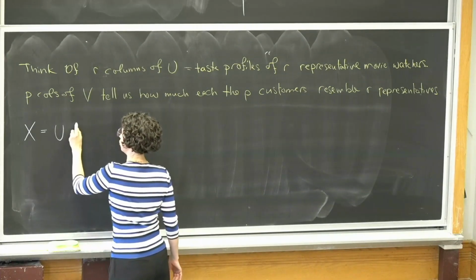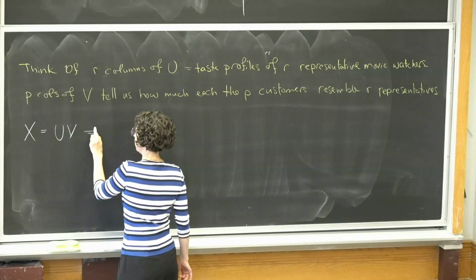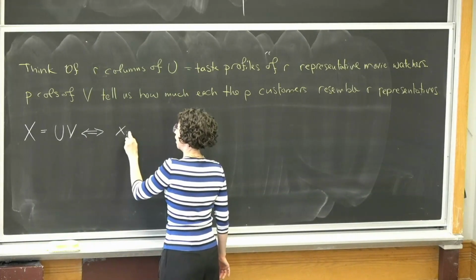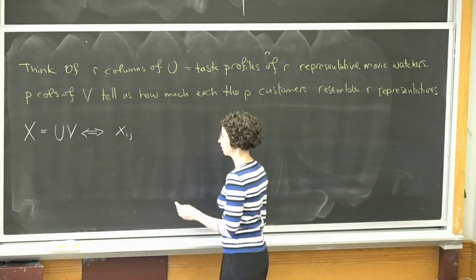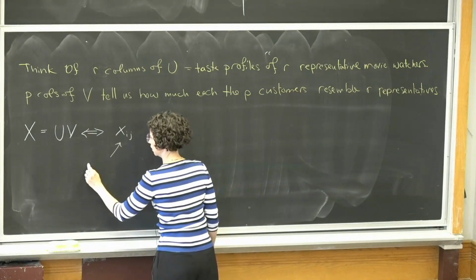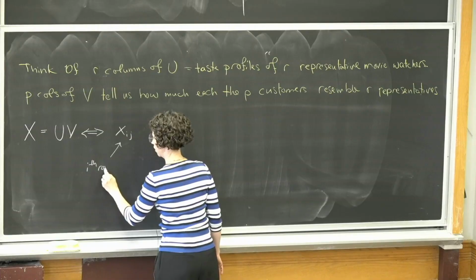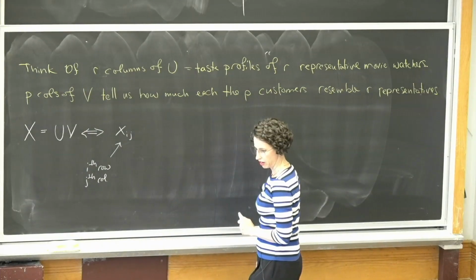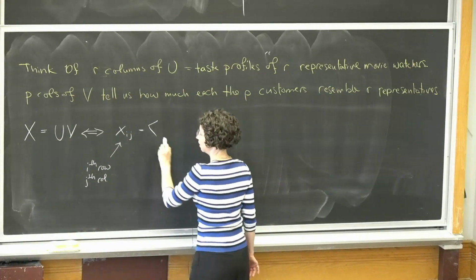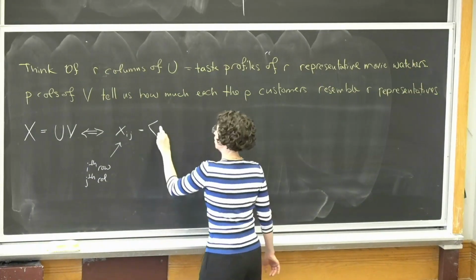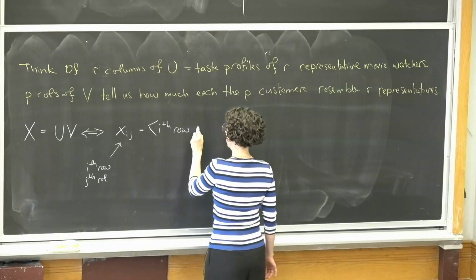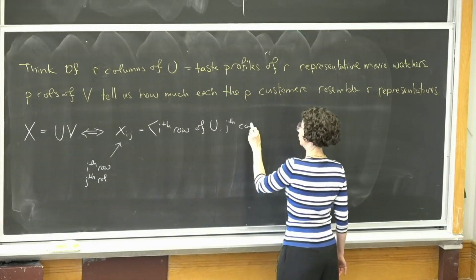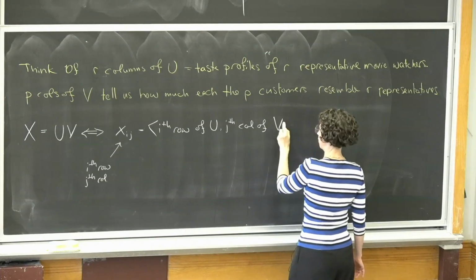If X is equal to UV, what that means is that if I were to look at the ijth entry of X, and remember this means ith row, jth column, then this is going to be the inner product of the ith row of U with the jth column of V.